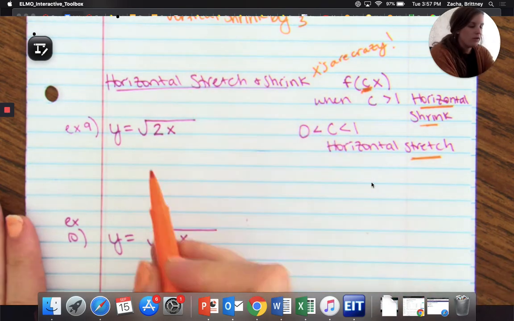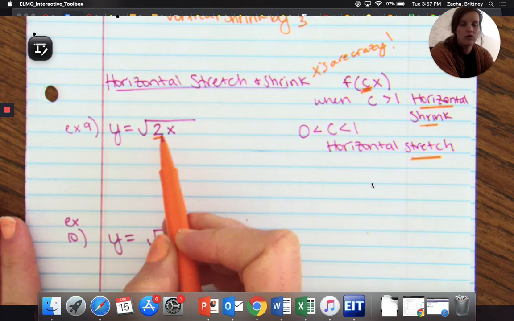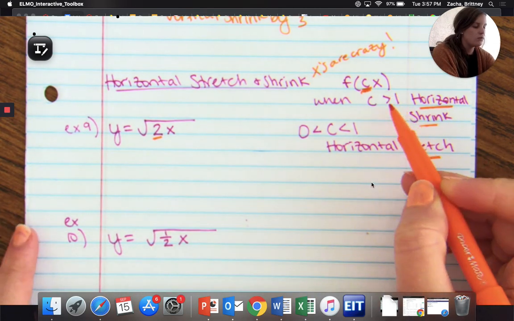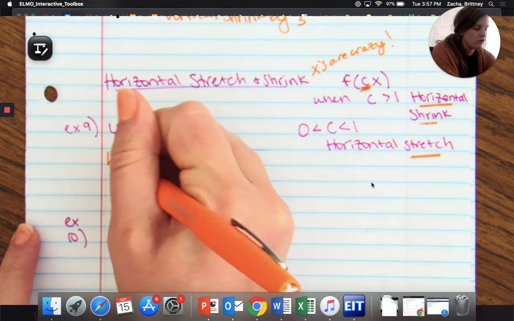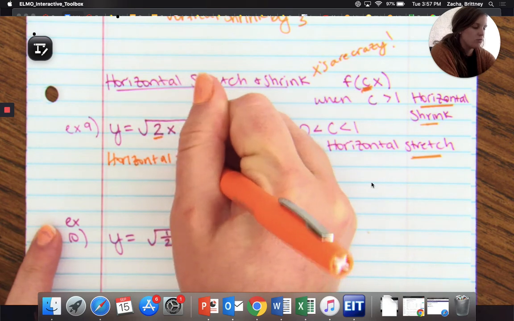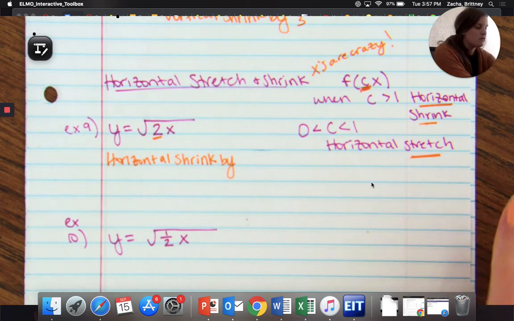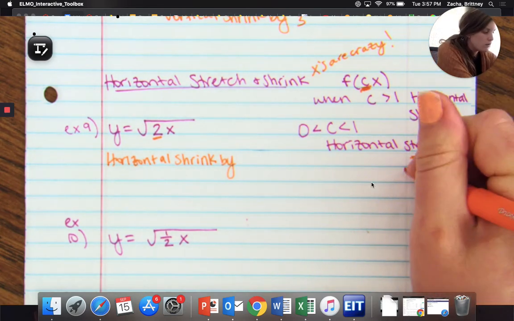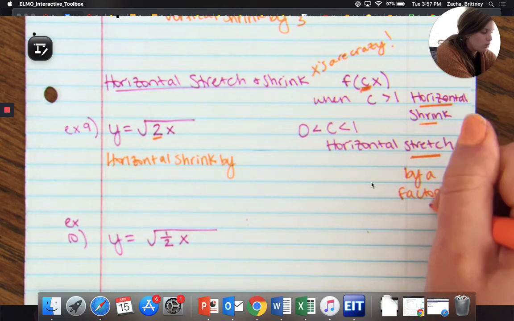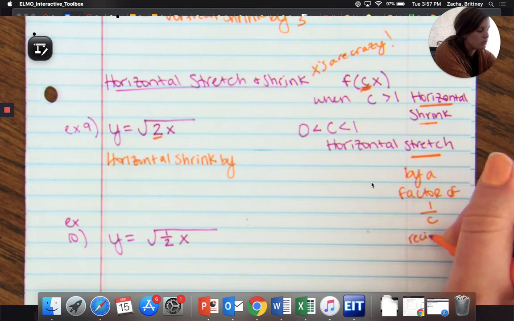So, looking at this, we see that there's a number being multiplied to your x, to that variable. And so since that number is bigger than 1, it's a horizontal shrink. And if you're looking at your notes that I've attached in modules, it says how to get the factor, and it's written, both of these are by a factor of 1 over c, and what that means is the reciprocal.